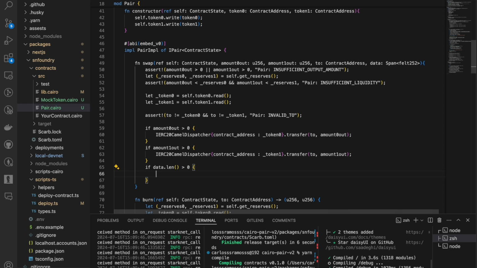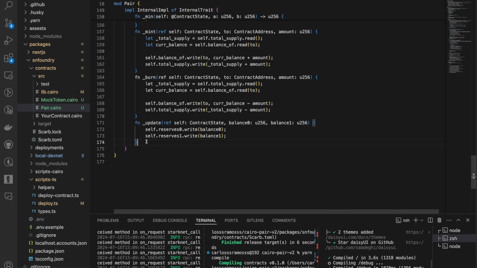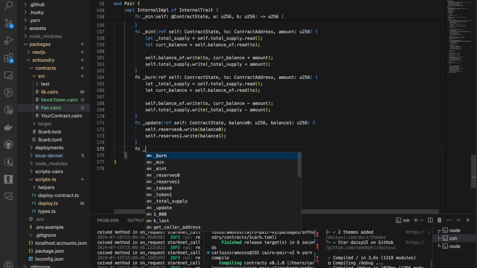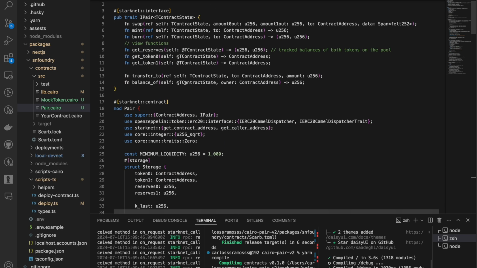So I'm going to call this self flash swap. I'm going to put data here. I'm going to comment this out first, and I'm going to declare my flash swap function here. So yes, I'm going to be using another Starknet call, which is going to be the call contract syscall.